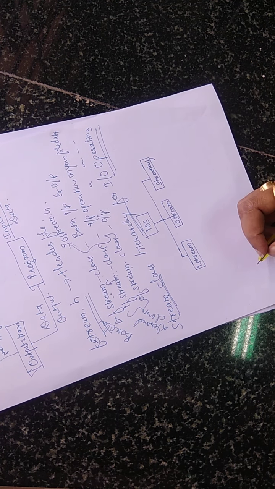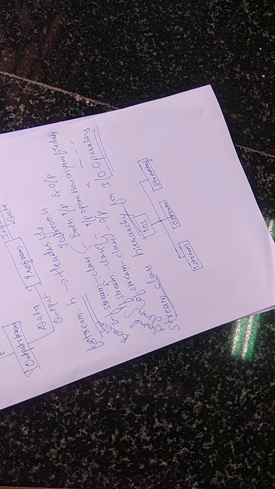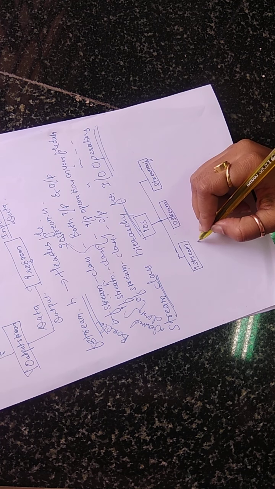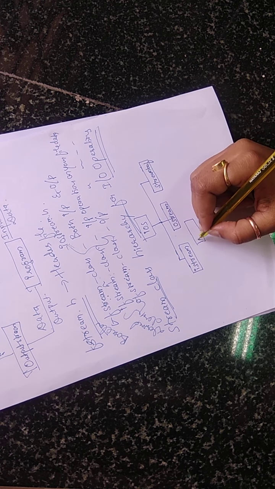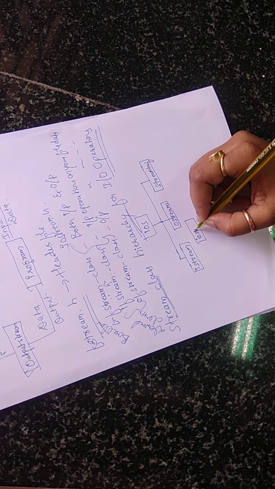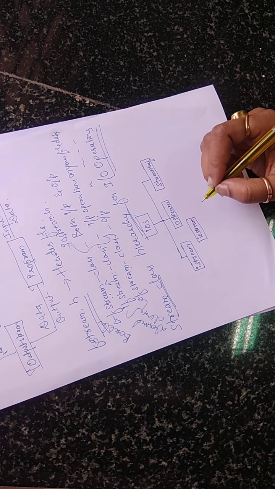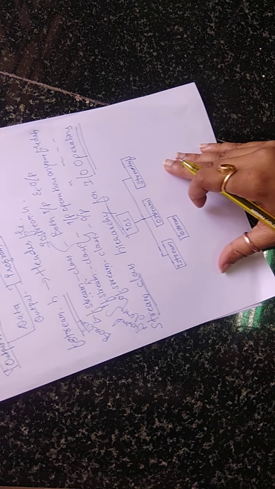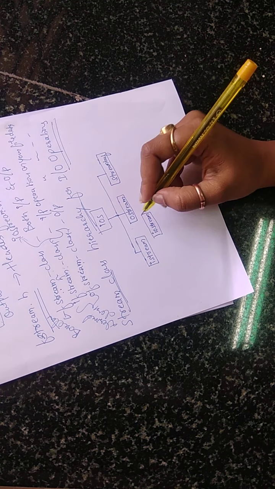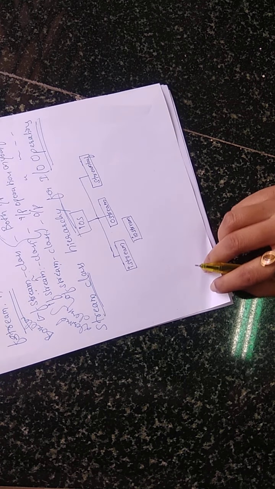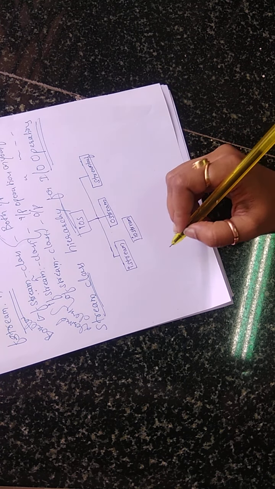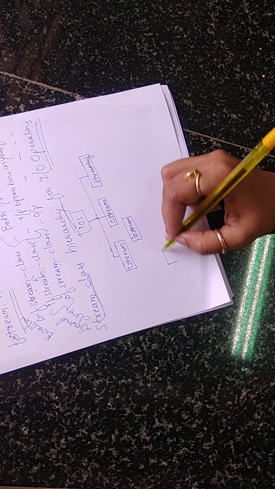Next, one more box comes here, which is IO stream. I'm writing in a slightly smaller font because it should fit in here. I'll explain what it is. Just listen to the wordings if it is not visible, and you can note them down.